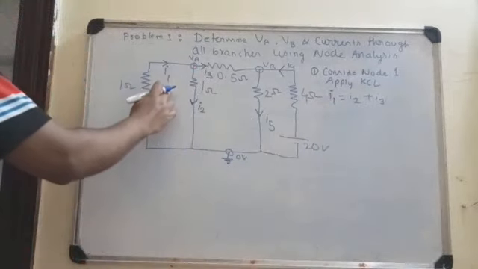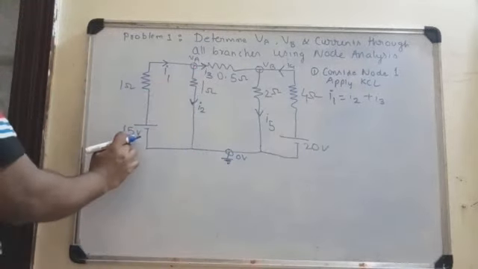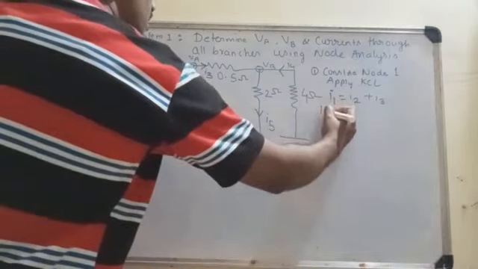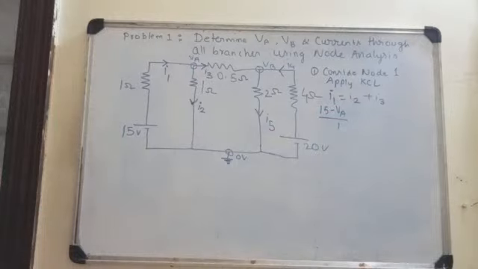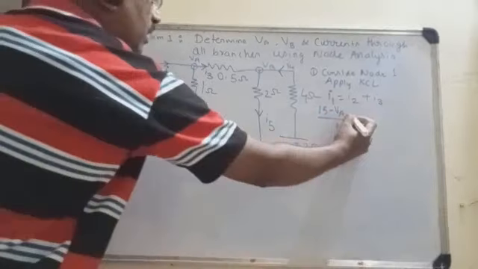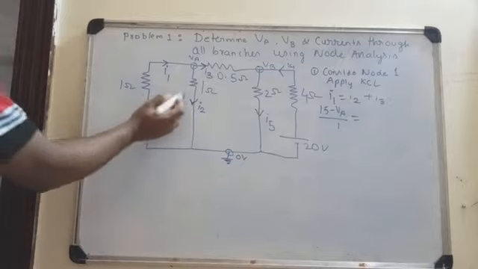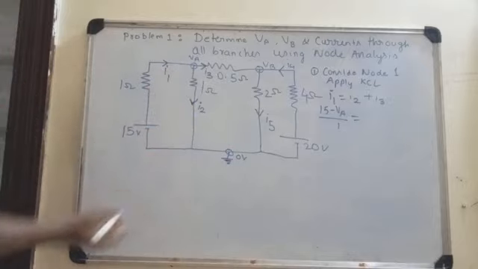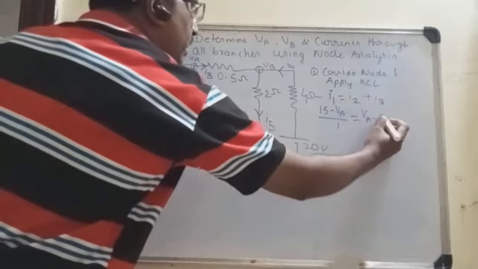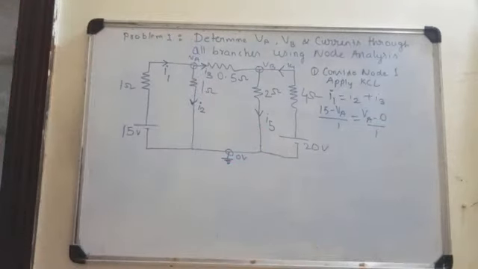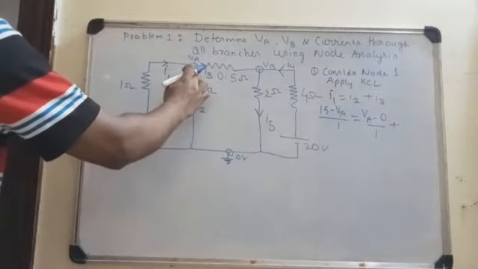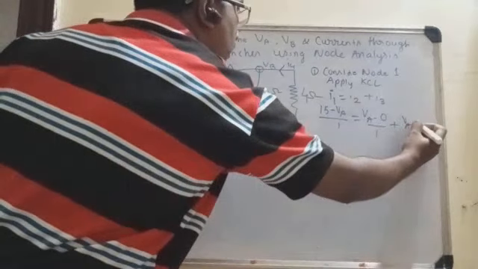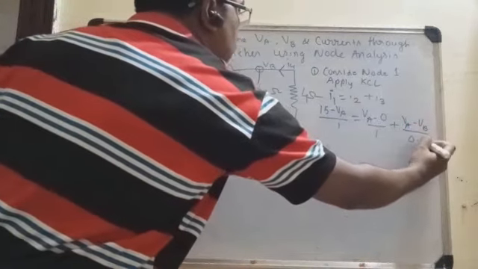Now write the currents in terms of voltages and resistance. I1 is coming from 15 volts, so (15 minus VA) divided by 1 is equal to I2, which goes from VA to 0, so (VA minus 0) divided by 1, plus I3, which goes from VA to VB, so (VA minus VB) by 0.5.